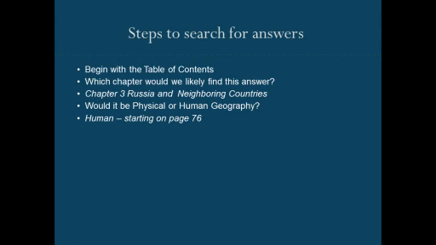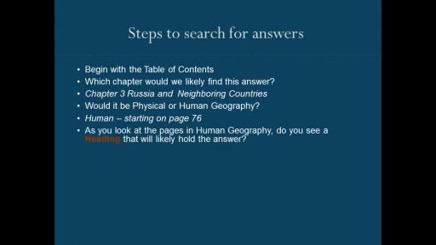That's still a pretty sizable chunk of the book, and to read that is going to take a little while. So if we look at human geography, we first want to look at the headings and see if those headings can give us any more clues about what section we can be looking at within human geography.